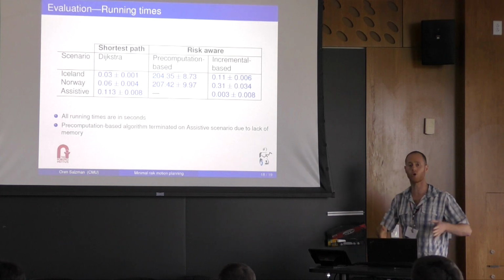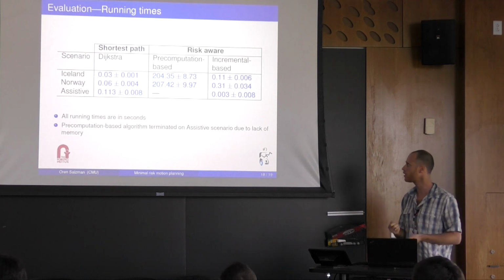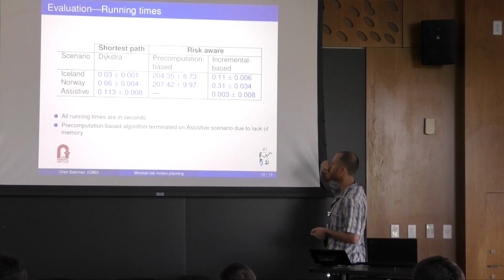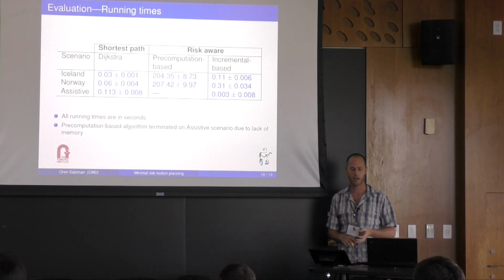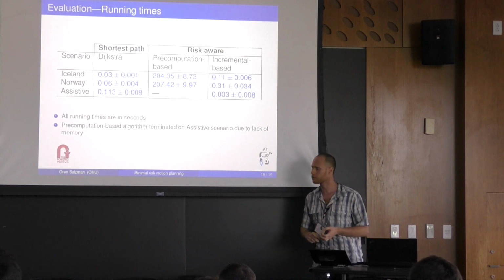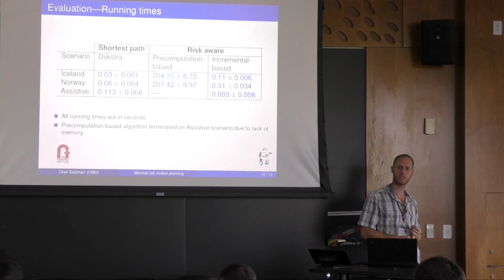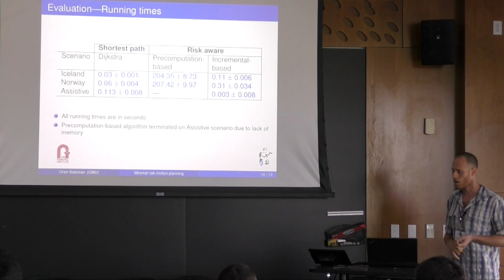So we ran Dijkstra, which only computes minimal length paths, but this is just as a reference. And for the risk-aware paths, we computed both the pre-computation-based algorithm that I presented, as well as the incremental-based one. For the toy scenarios, Iceland and Norway, we see that Dijkstra's algorithm computes it within several tens of milliseconds.